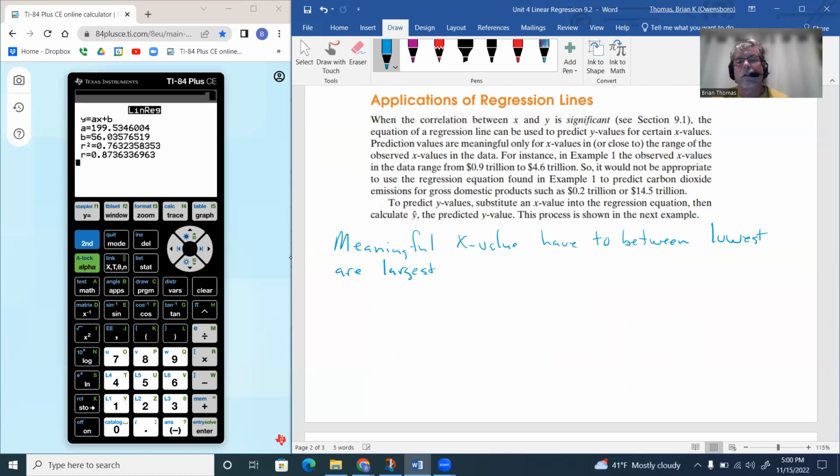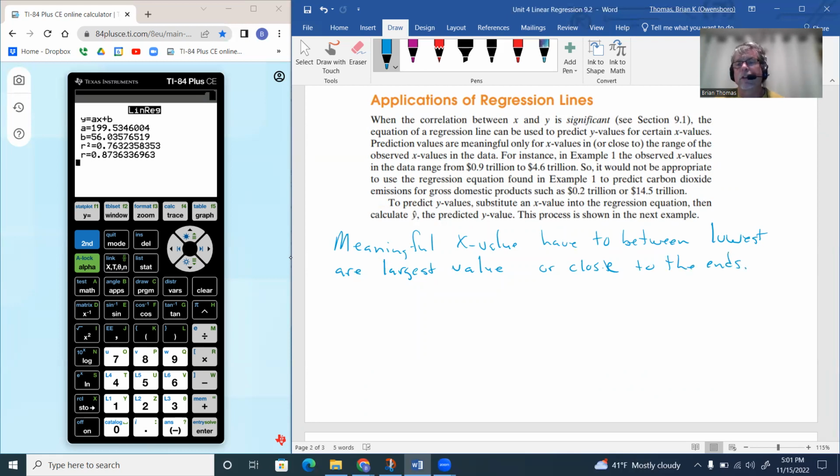So it's got to be above the lowest x value and smaller than the largest x value. Or it's got to be close to the range. So if it's not between, it's got to be really close to those endpoints. Now, the question is, what's close?